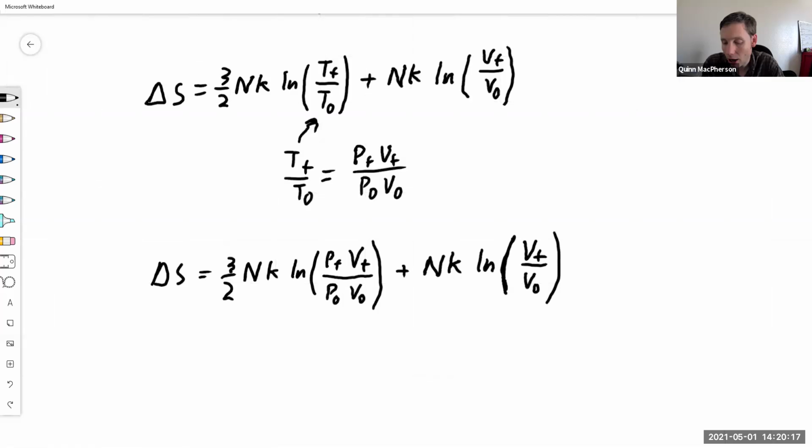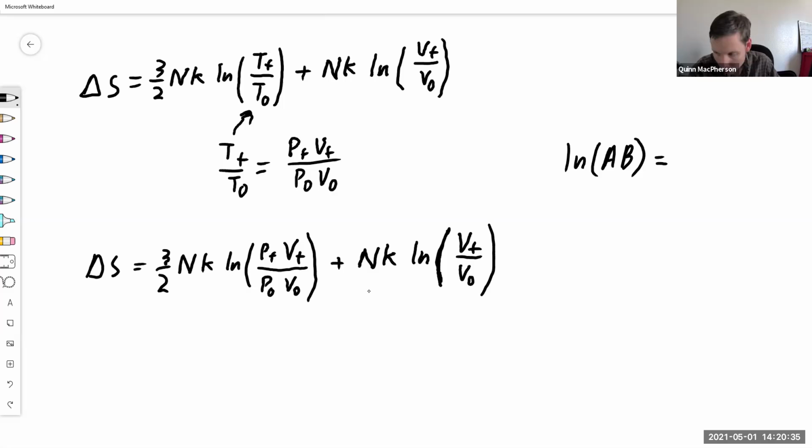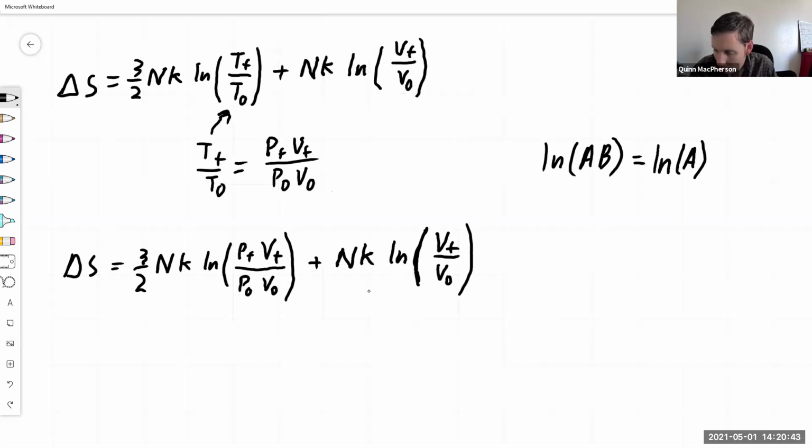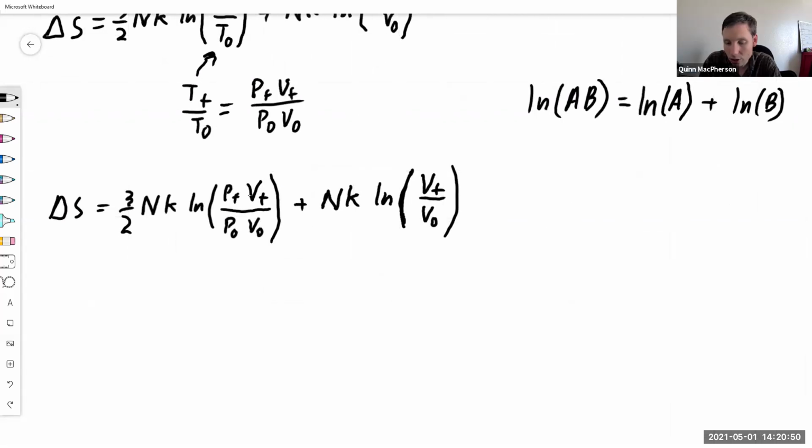We can actually simplify this using the laws of natural logs. Remember, if you have two things multiplied inside a natural log, you can break them apart into two natural logs that are added together. Ln of a times b is equal to the natural log of a plus the natural log of b. You can use that here to break apart our p's and our v's. We can then combine the v's into one term.